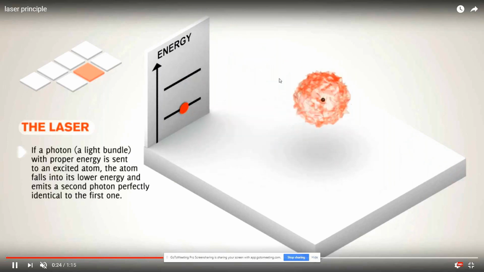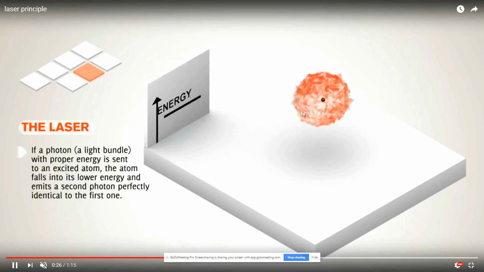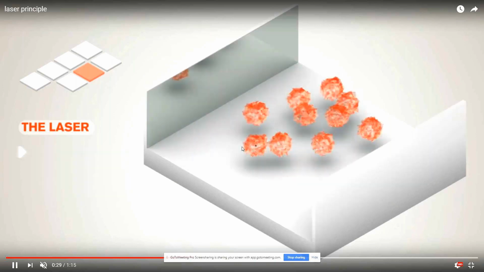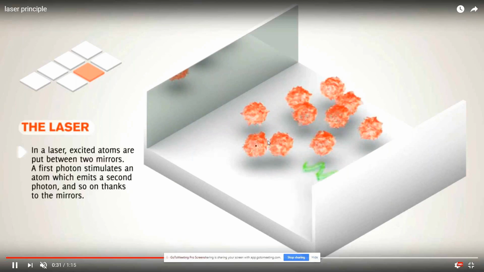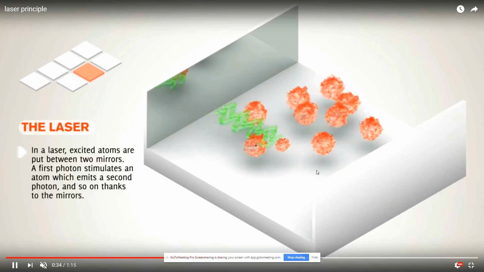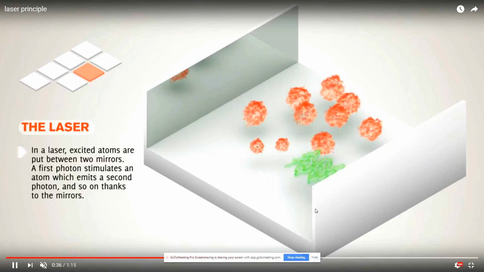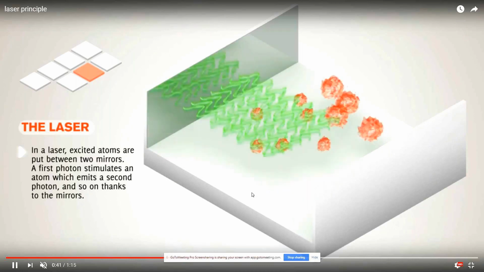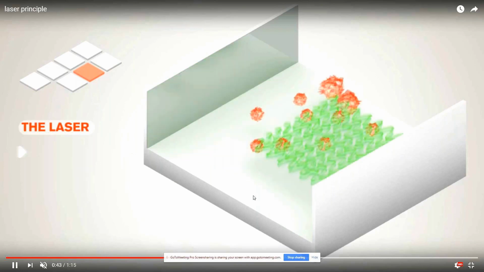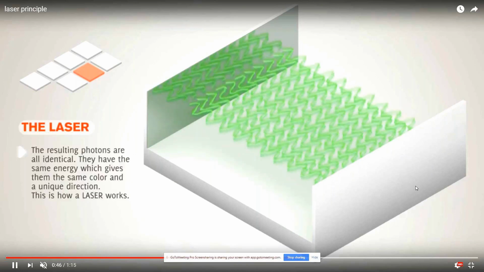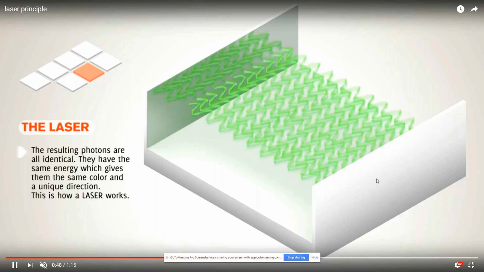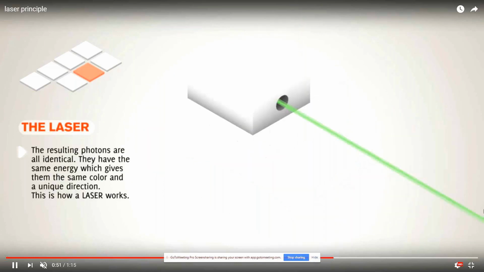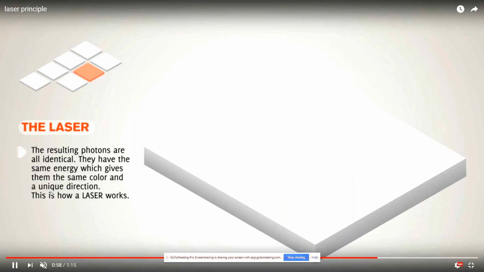And you can see that if you put mirrors, and these are all the atoms that are in the excited state, this stimulated emission goes back and forth between the two mirrors, and a coherent beam is generated. And then if you put a hole, or if one of the mirrors is partially reflecting, then you can get the laser radiation coming out. The resulting photons are identical. They have the same energy, which gives the same color and a unique direction. This is how a laser works.